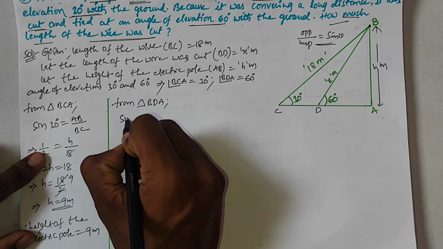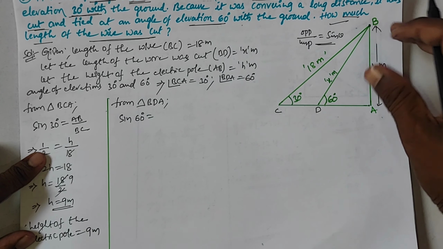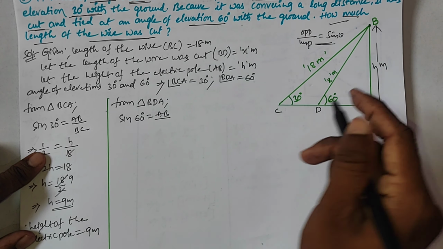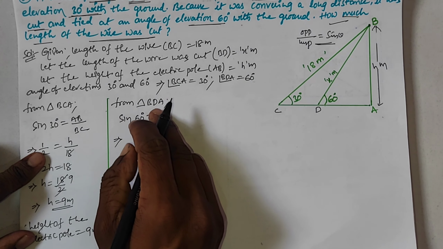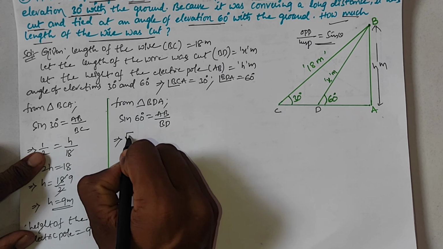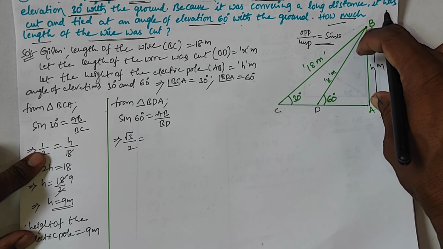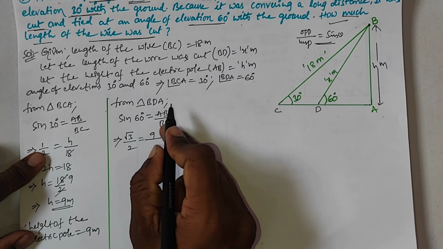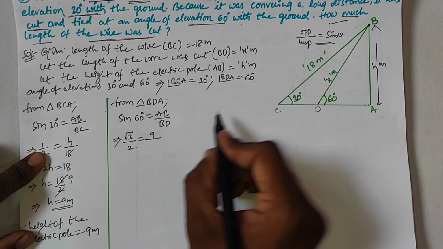Then sin 60 is equal to the opposite again, AB, by the hypotenuse, BD. We know sin 60 value is root 3 by 2, equal to AB. AB is the height of the pole, already we got 9 meters, by BD. BD is the length of the wire they cut, nothing but X.